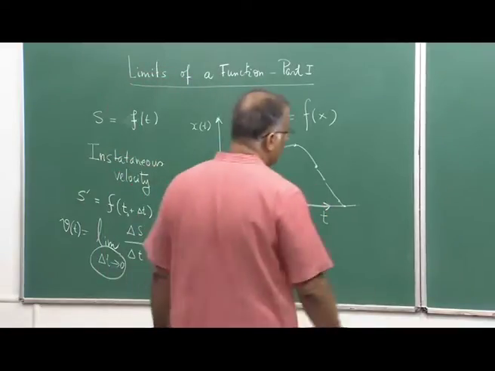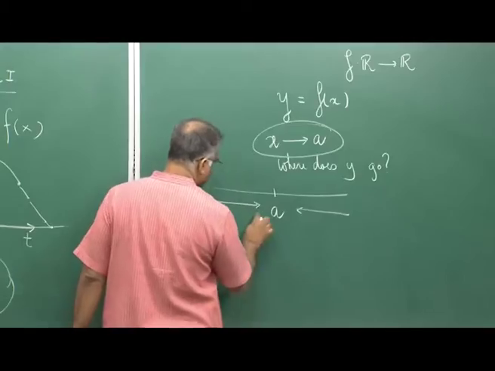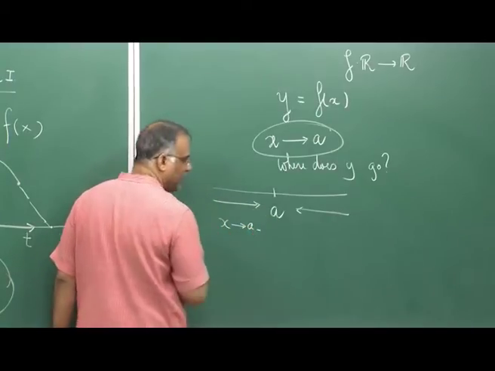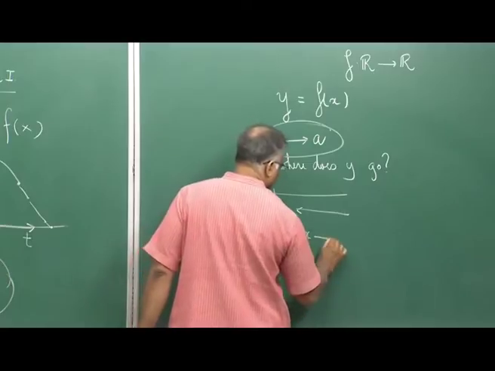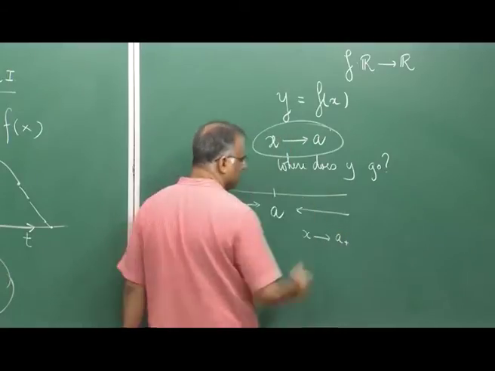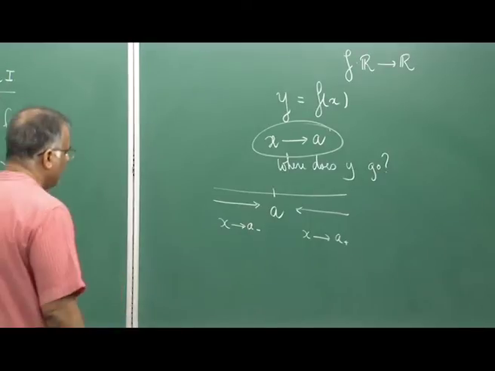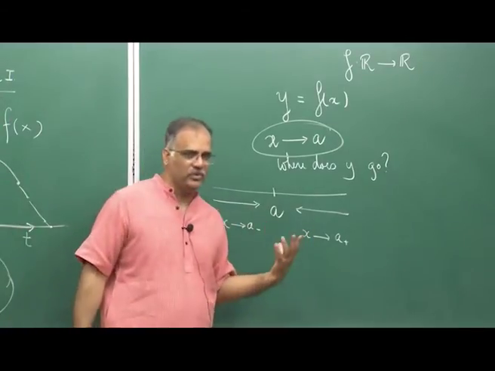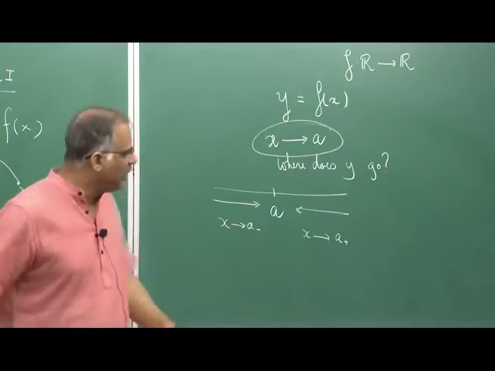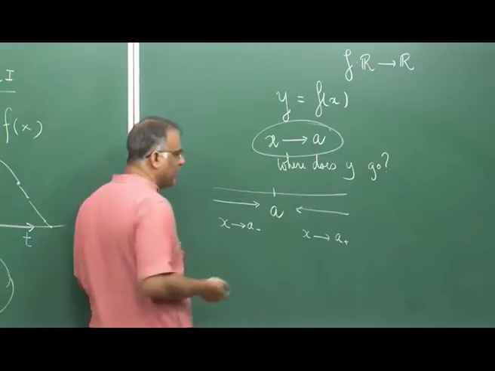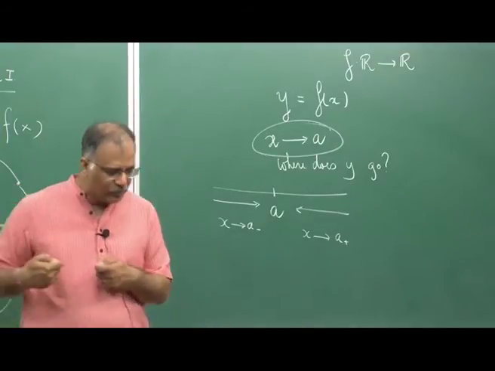If x comes from this side, we say x goes to a from the left side, a minus, and x goes to a from the right side, a plus. This is called the right hand approach and the left hand approach. So, when I mean x going to a, I mean that I can take the variable x and move it from any of the sides.